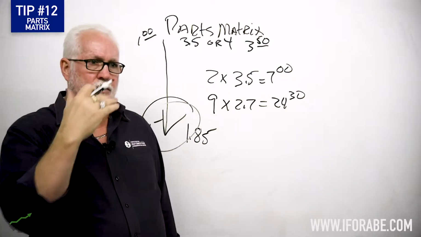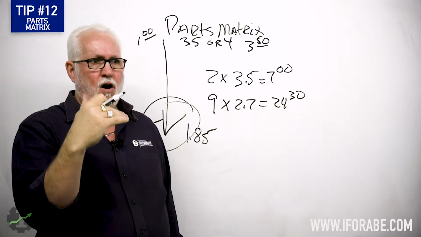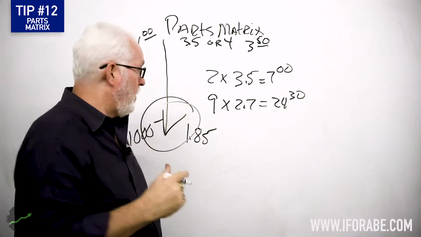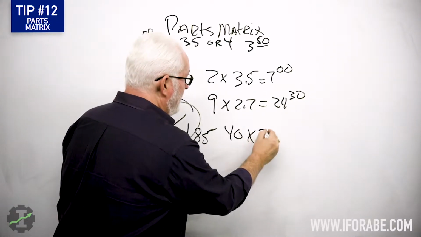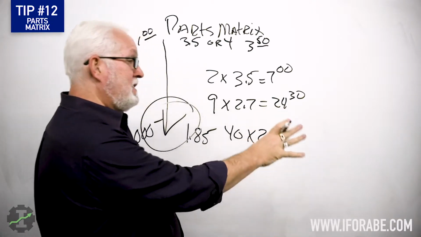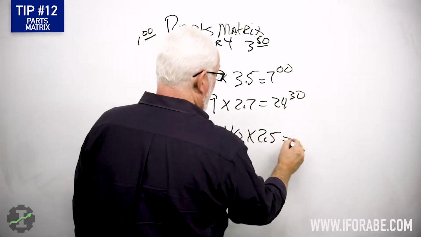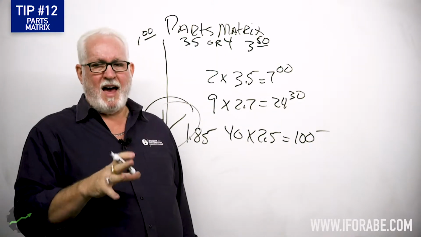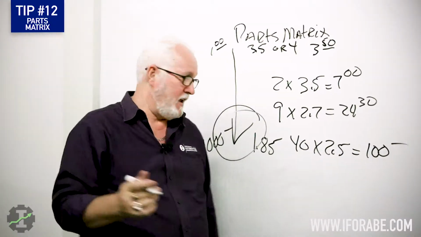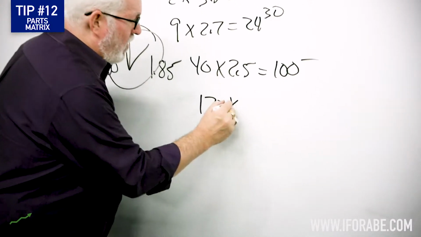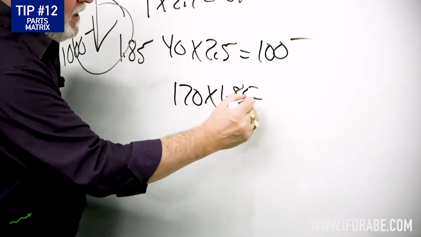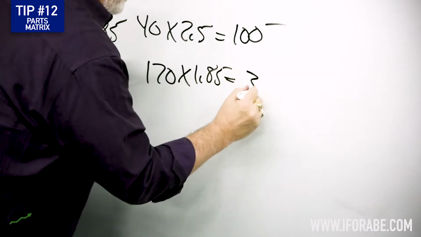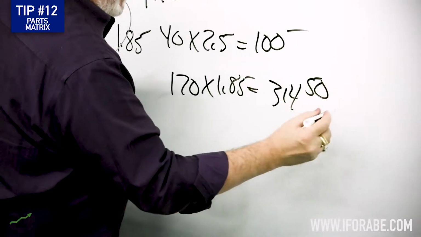Now, what you do is as the price gets higher on the part, you actually lower your markup. So if you get a $40 part in and you multiply that times 2.5, that's going to get you a 60% margin, but that part's going to go out for $100. That's what you're going to sell it for. And then, of course, on the higher end, if we had a part for $170 and we marked it up times 1.85, then that would equal about $314.50, give or take a penny.